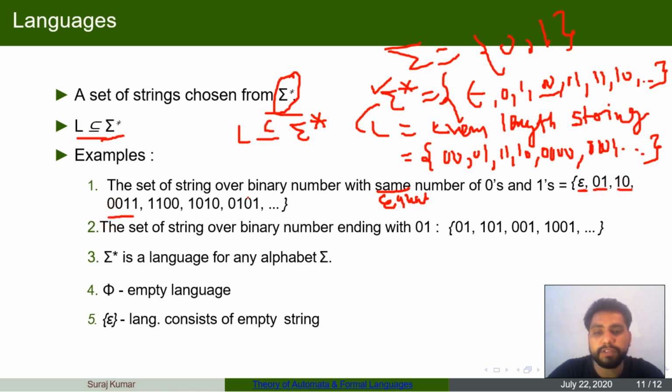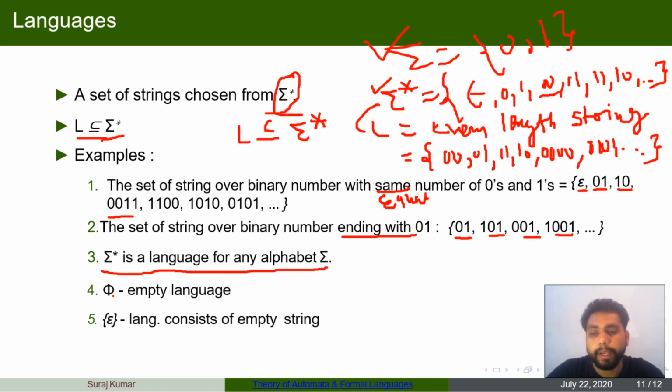So this is a language over sigma star. Similarly, you can have a set of strings over binary sigma {0, 1} ending with 01. These are strings ending with 01.